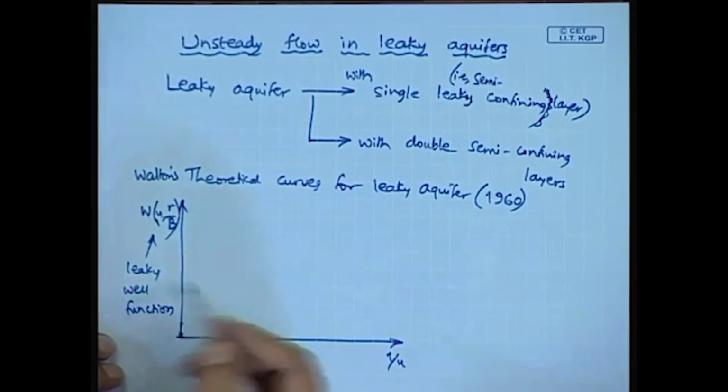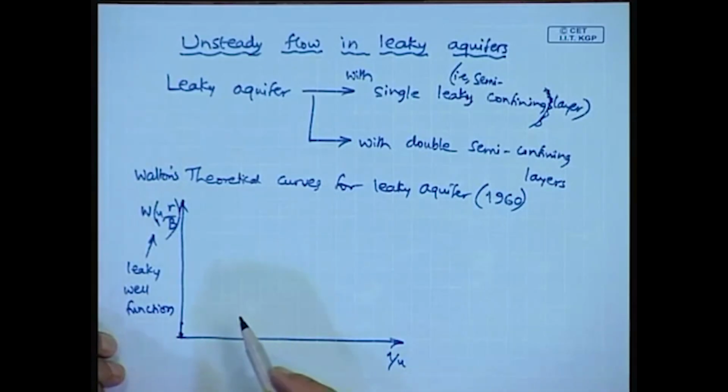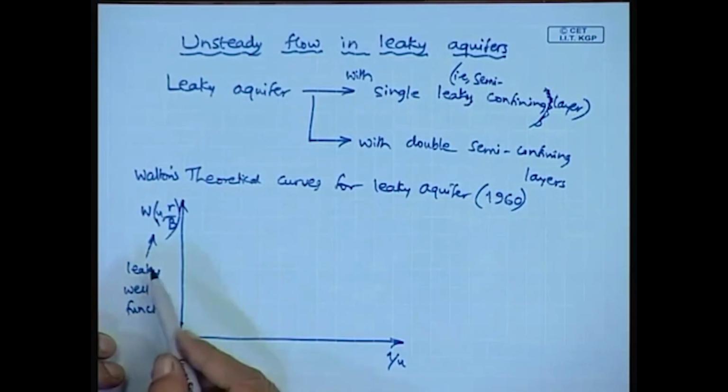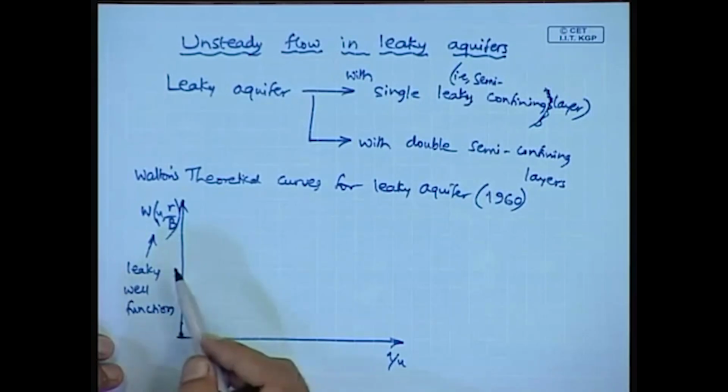In case of a confined aquifer, there is the well function W, whereas in case of an unconfined aquifer we have the unconfined well function, W of u A, u Y comma eta. The leaky aquifer is somewhere in between a confined aquifer and an unconfined aquifer.